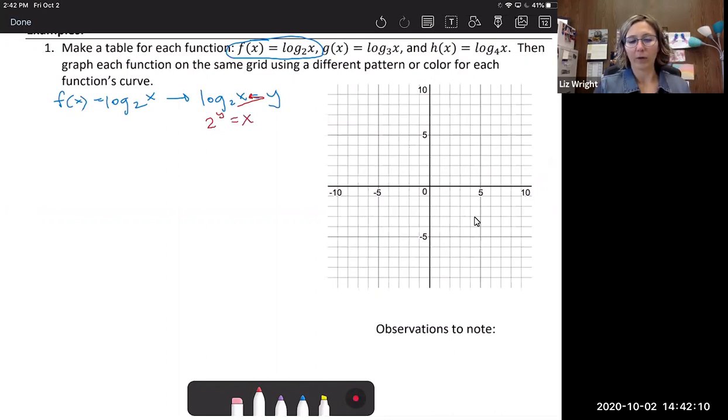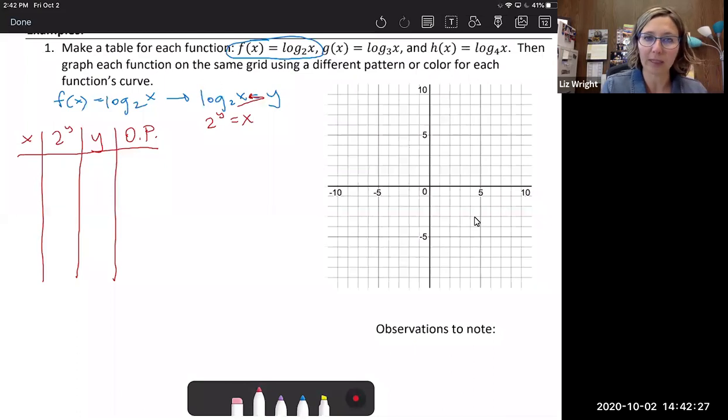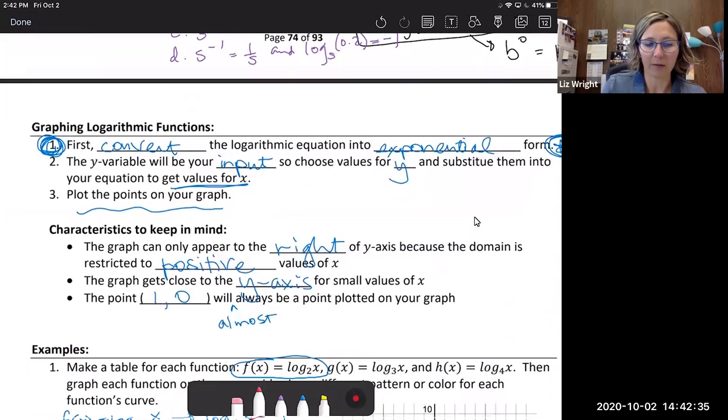So now we are going to draw up our table. We're going to have x, which is 2 to the y, and we're going to have our y, and we're going to have our ordered pair. Now this is going to look a little bit different, because what's your input this time? Your input is the variable that's on the exponent in our equation. Remember from step number 2, the y variable is going to be our input.